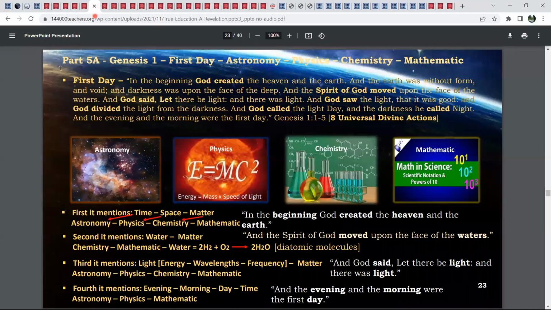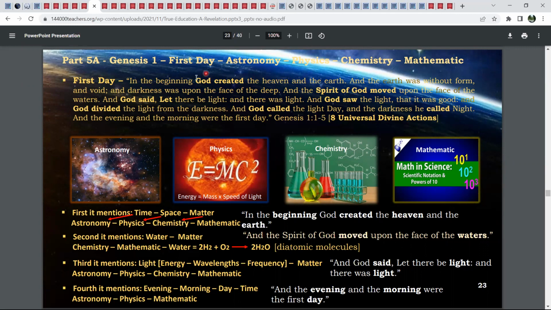Here again, we could read all of these verses, but we just want to show you a very important point that we have discovered through education, that the verses, when we study them in the Bible, we have to recognize that they are universal divine actions. This particular study is for the first day of creation, where we have discovered that in the beginning, God created the heaven and the earth.